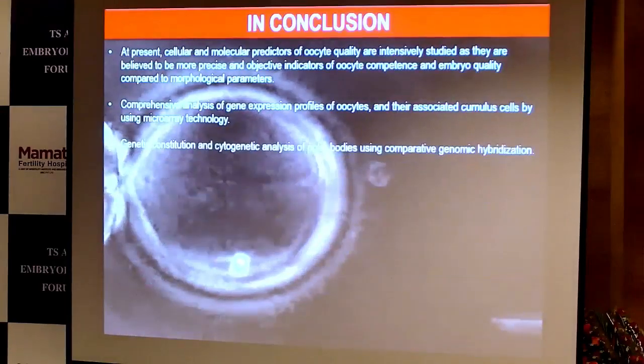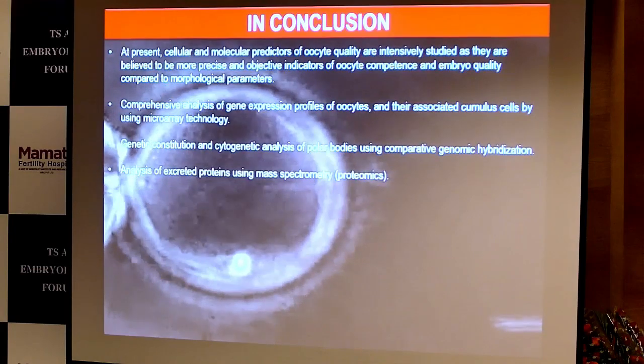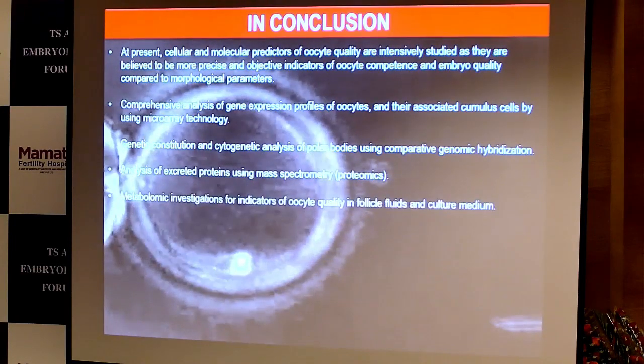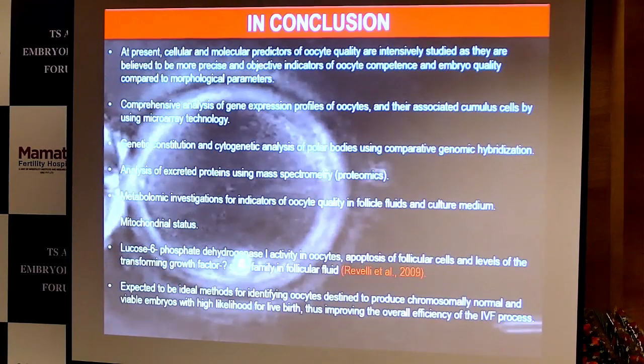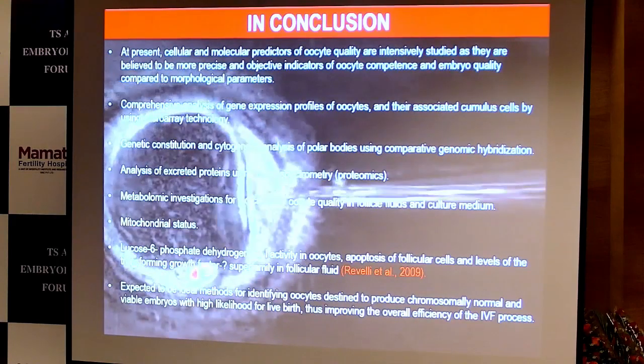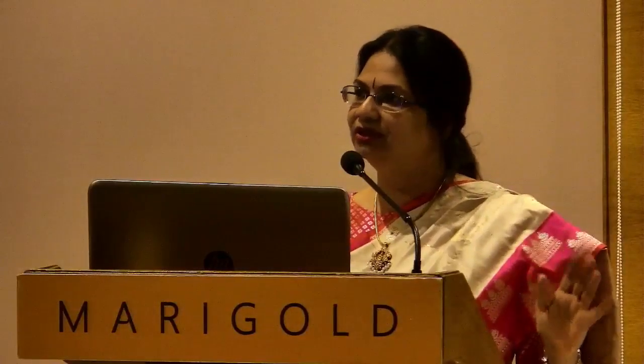In conclusion, I will say that till we get something more objective, like the mRNA analysis, the protein analysis, the microRNA analysis from the follicular fluid, the polar body biopsies, the proteomics, and the metabolomics, etc., which are not yet affordable in routine practice, we are going to look at cytoplasmic maturity, oocyte nuclear maturity, and the morphological appearance.